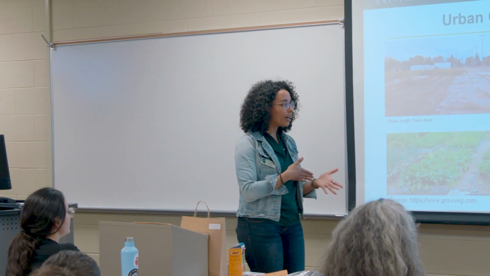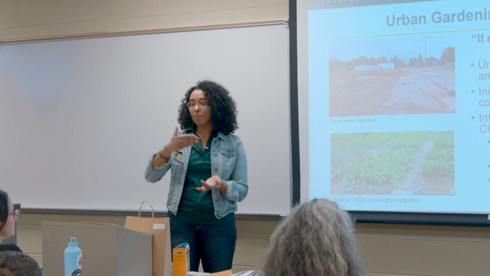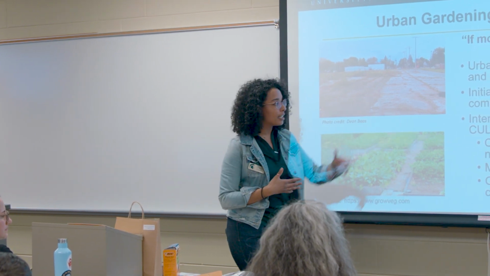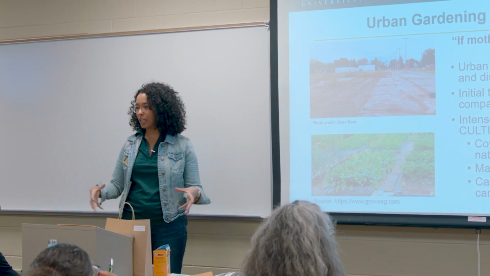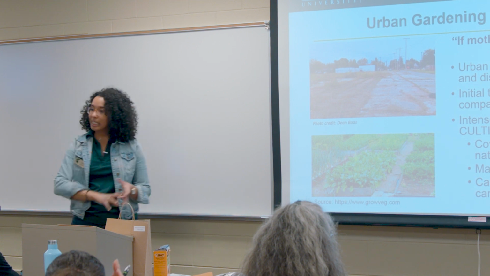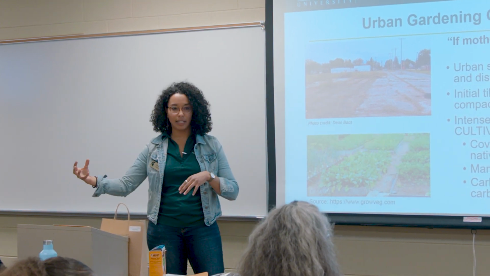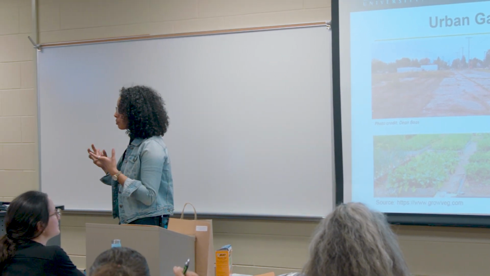So what does that look like or mean? Rehabilitation may be necessary. So initial tillage might be required to disturb the urban compaction that we have in our soil systems, and then taking time to rehabilitate it, not cultivating it. We need that time to build up our structure with those root systems.